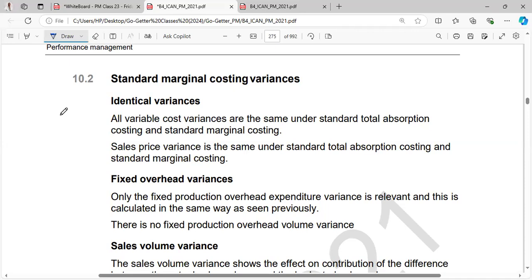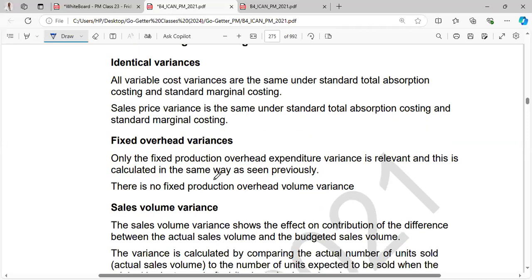All the cost variances, all the variable costs, direct material, direct labor, variable overhead, these three are the same. Then the sales price variance is the same. Now the difference is that only the fixed production overhead expenditure variance is relevant. Expenditure variance is relevant.